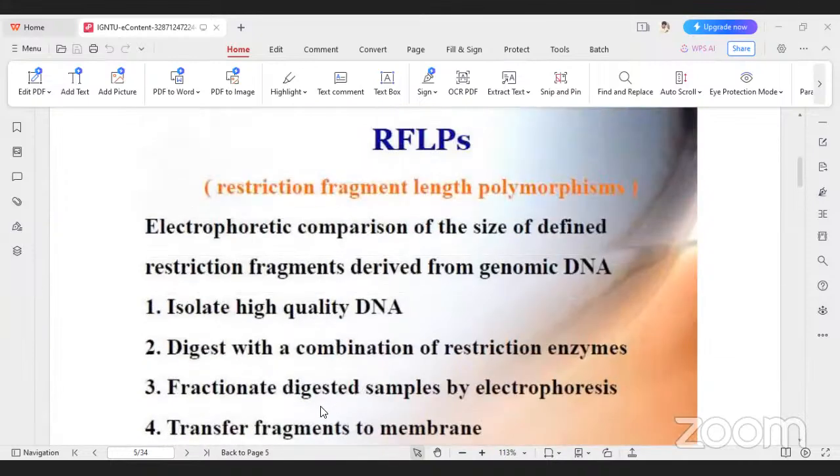Apart from that, in our book, the steps of RFLP are given clearly.